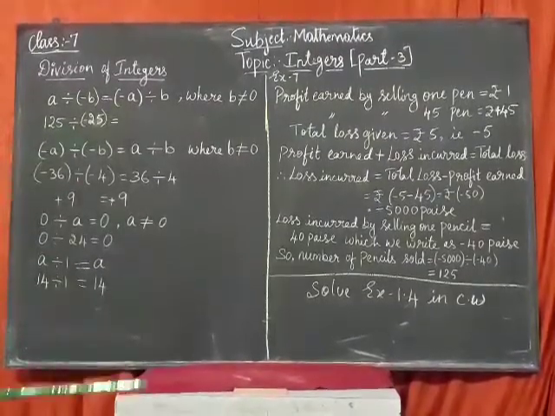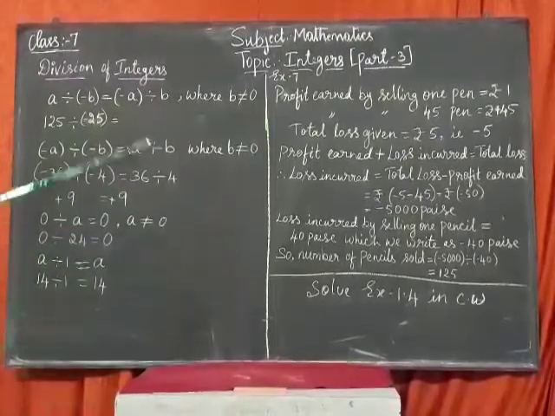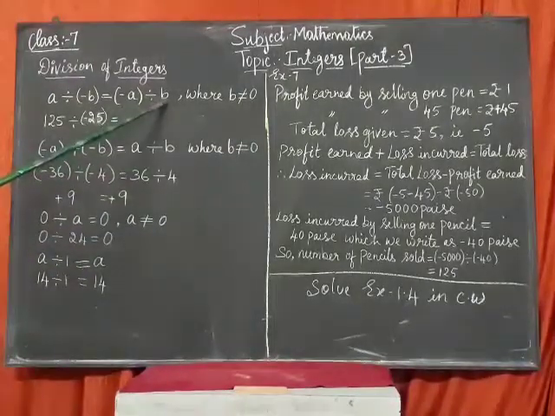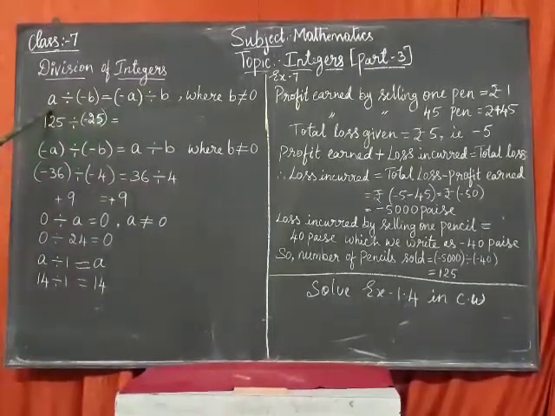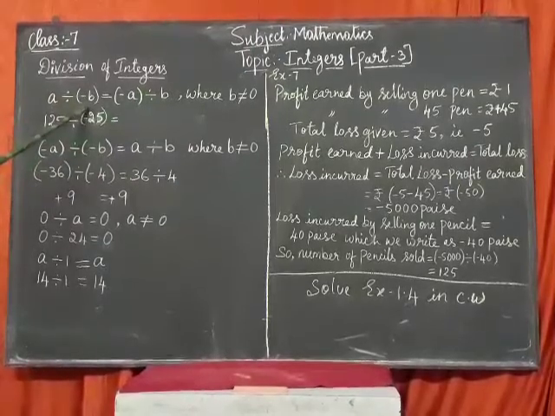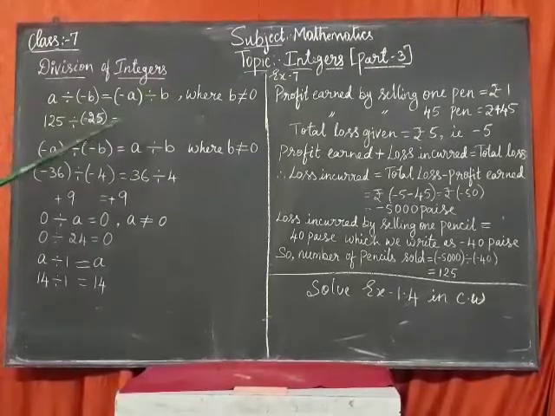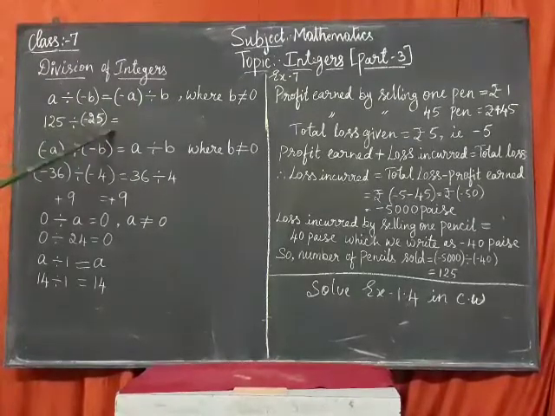Any negative integer divided by a positive integer, or a positive integer divided by a negative integer, the answer is negative. That is minus 5. What will be the answer here? That will be minus 5.